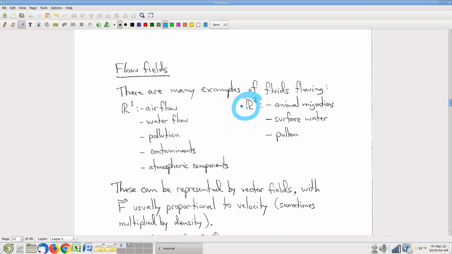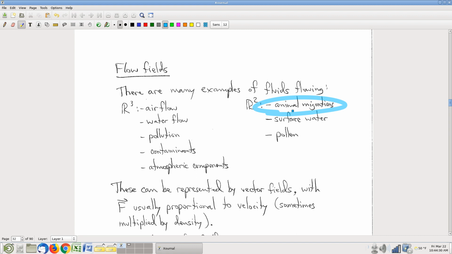In R2, now this is not a perfect example, but how animals migrate. Animals aren't exactly a fluid, but they're kind of like a fluid if you really think about it. As seen from really high up, if you see a great big herd or a great big flock of birds, there are hundreds of thousands of birds all kind of flowing. Yes, they're individual birds, but if you're sufficiently far away, it looks like a lumpy fluid of birds. Kind of, right?